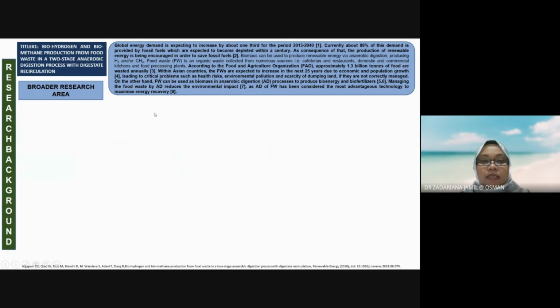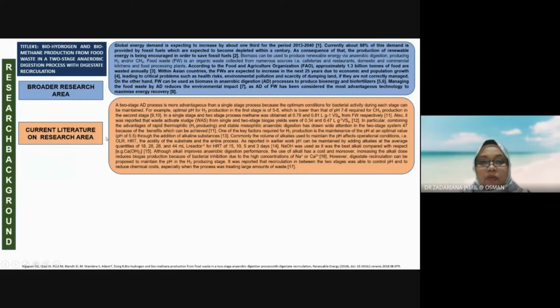Then you emphasize the current literature on the research area, including outcomes and important findings from previous research.